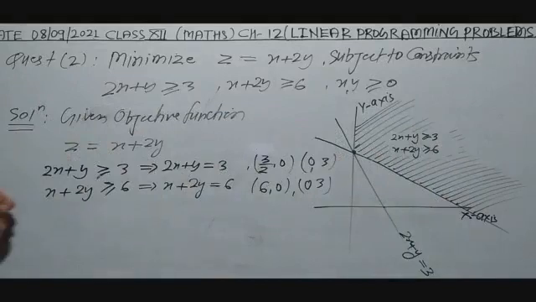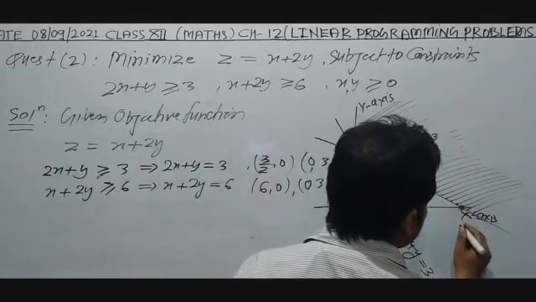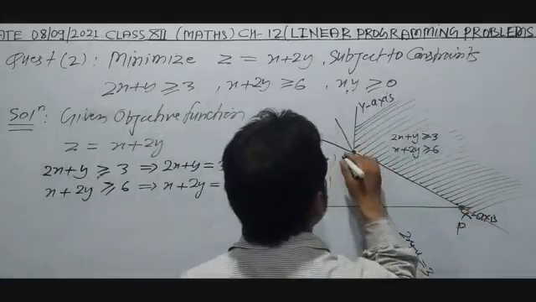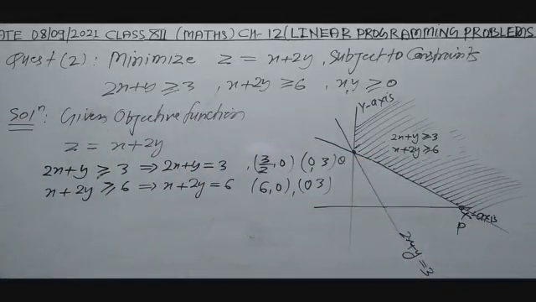And now we have the corner points. Suppose this is P, this is Q. P coordinates are 6, 0 and the Q coordinates are 0, 3.